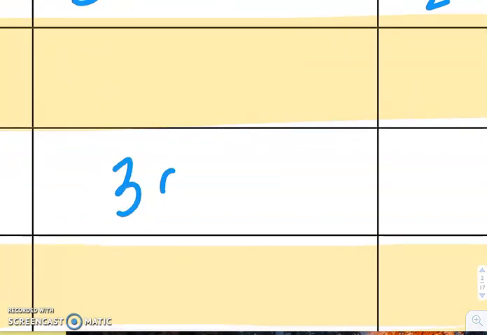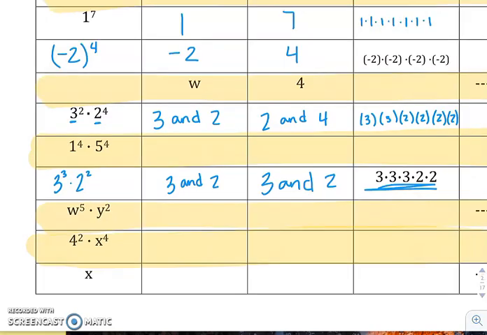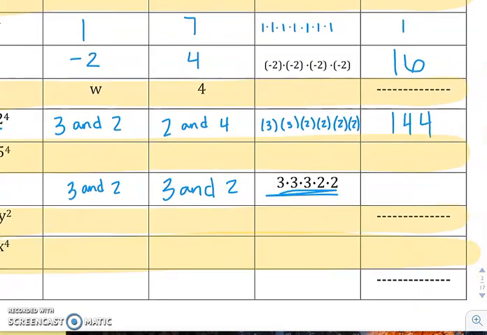So actually our bases and our powers are going to be the same here. 3 and 2 for the bases, 3 and 2 for the exponents. So 3 times 3 times 3 is 27 times 4, which gives you 108.